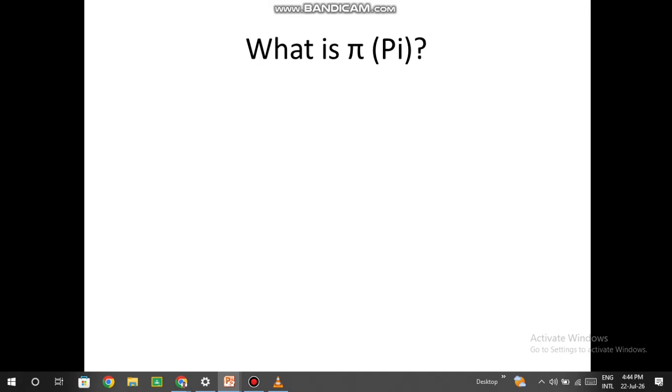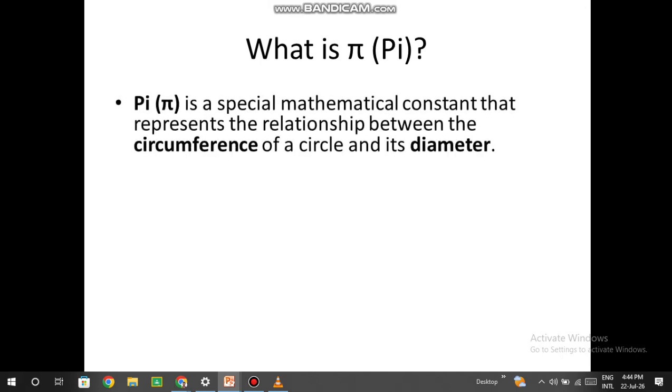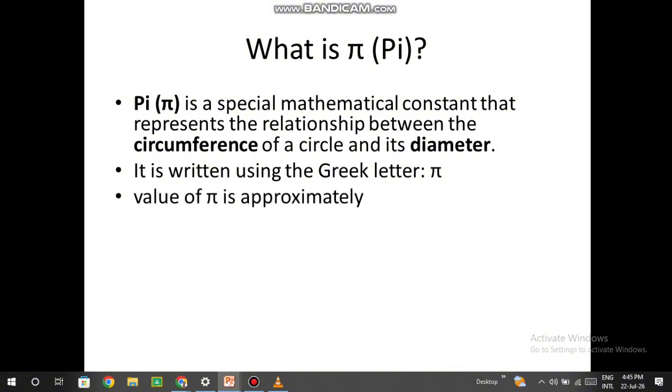So what is pi? Pi is a special mathematical constant that represents the relationship between the circumference of a circle and its diameter. It is written using the Greek letter pi. The value of pi is approximately 3.14159, and it will go till infinity.